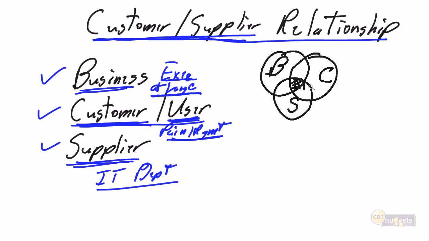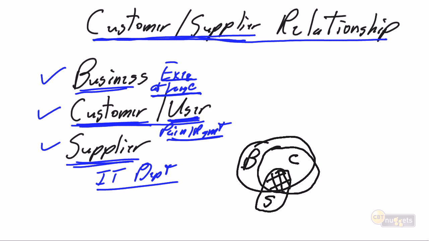And again, as I say, most textbooks I've seen on PRINCE2 represent the customer-supplier relationship using this particular Venn diagram. I would suggest that this is probably a more realistic representation of how the business, customer and supplier relationship interacts, where we have the business at large, we have our specific customer, and I'm going to say that there's probably more overlap between the business and the customer than in the traditional Venn diagram.